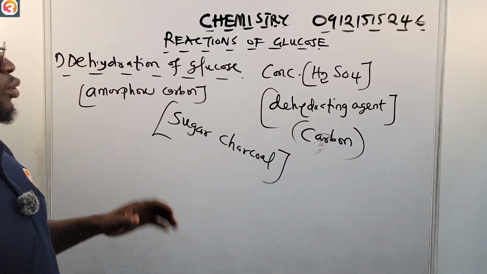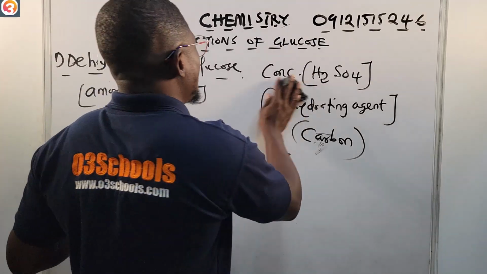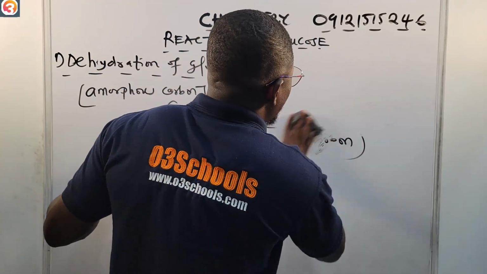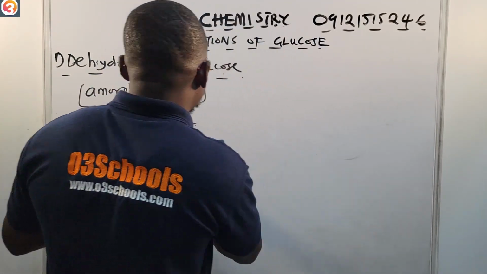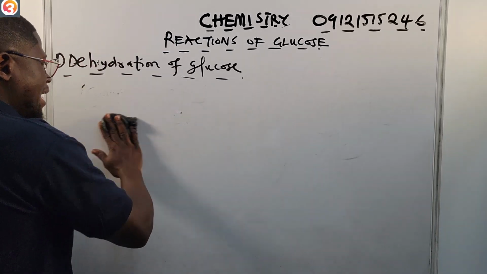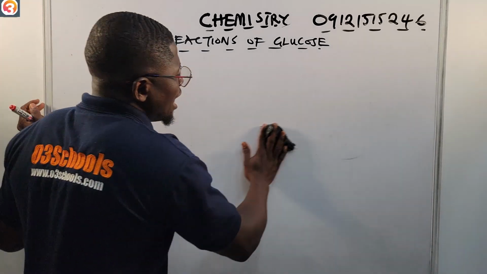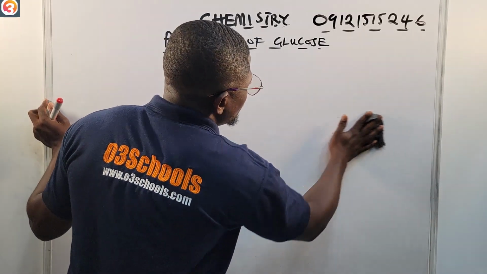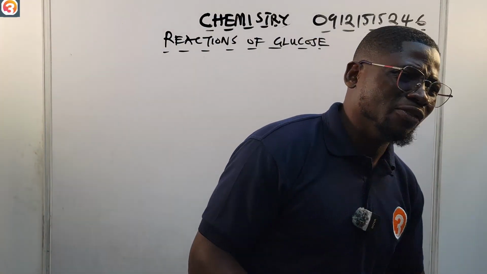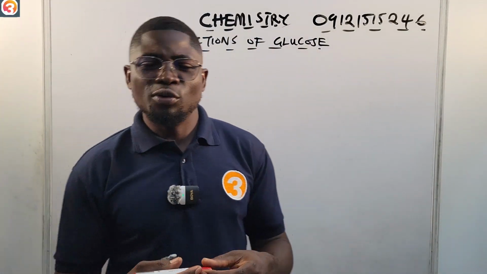Now let us go to another reaction that glucose undergoes. Number 2 is the action of hydrogen iodide. Before we continue, you should take note that most of the reactions that glucose undergoes are usually tests for glucose itself.